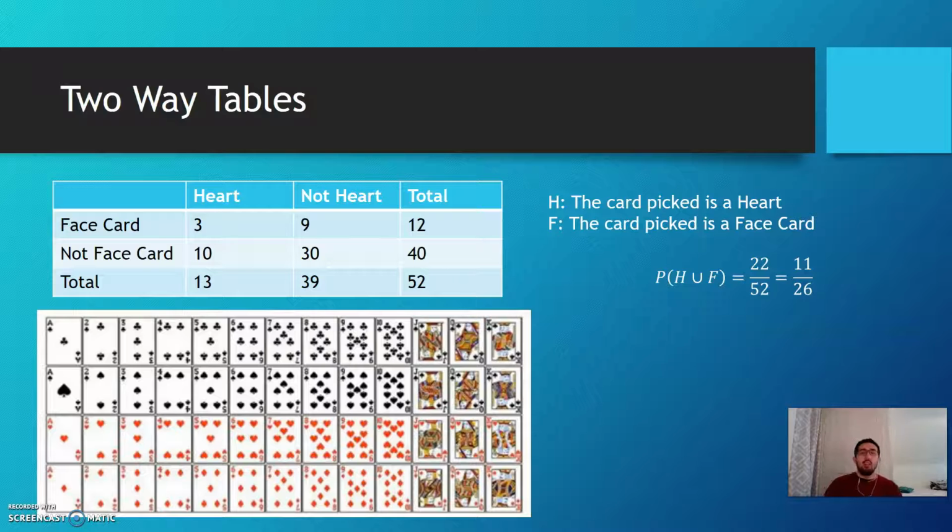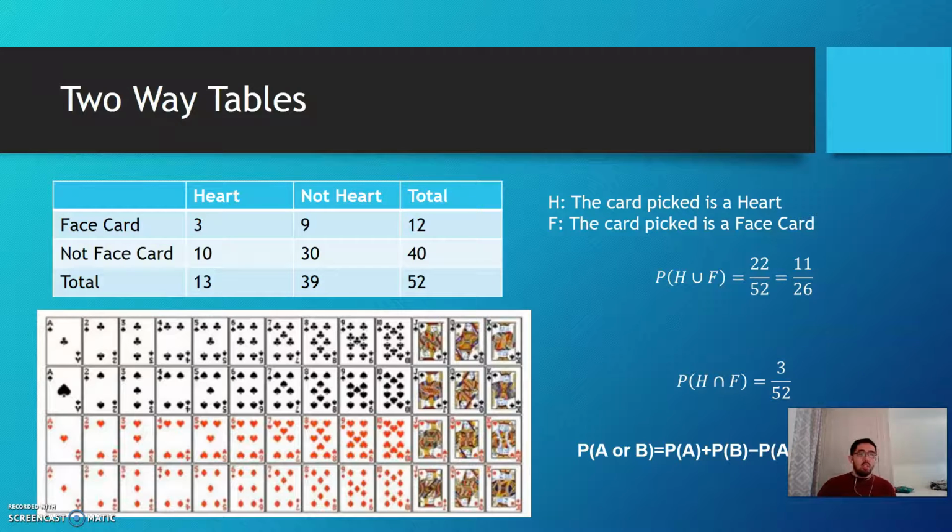And if you simplify it, that's 11 out of 26. If you have the probability of heart and face, that means both have to be true. That's just these 3 hearts out of 52. That's the probability.